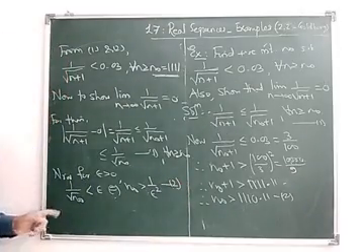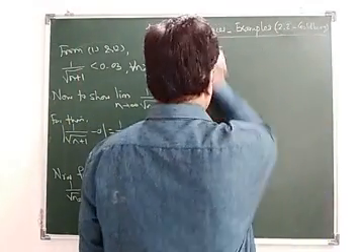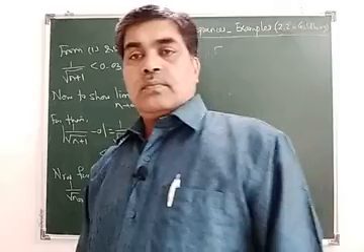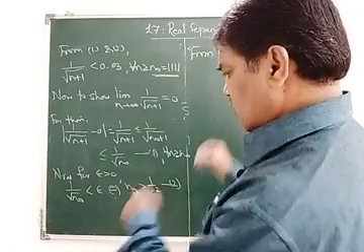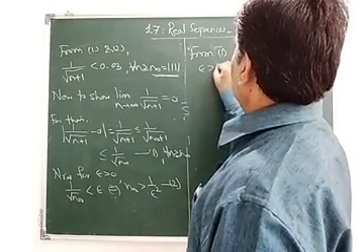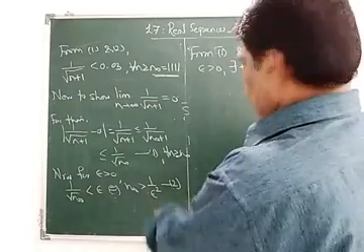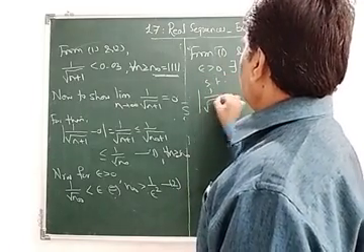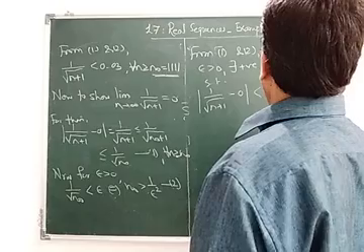Okay. So from 1 and 2, for given epsilon greater than 0, there exists a positive integer n naught greater than 1 upon epsilon square, such that mod of 1 upon root of n plus 1 minus 0 is less than epsilon for every n greater or equal to n naught.